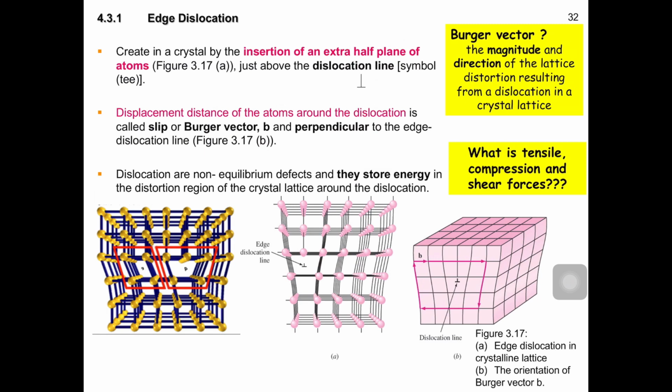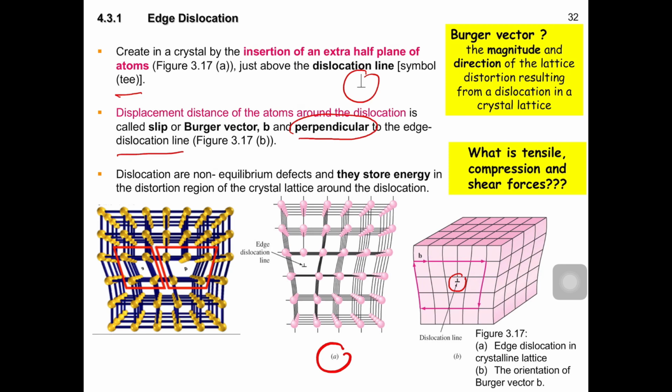Okay, in figure 3.17a, just above the dislocation line, the symbol is a T, an inverted T. The displacement distance of the atoms around the dislocation is called the slip or Burgers vector, and it is perpendicular to the edge dislocation line. This one.